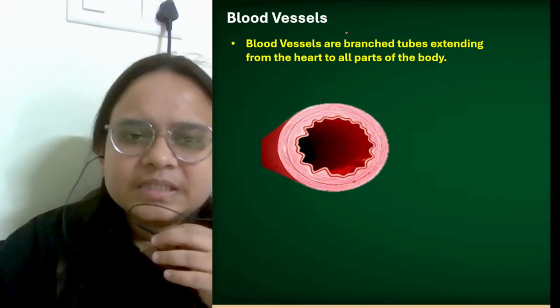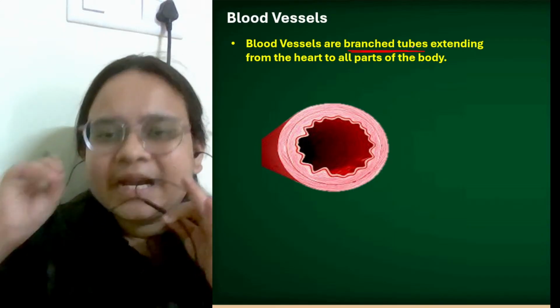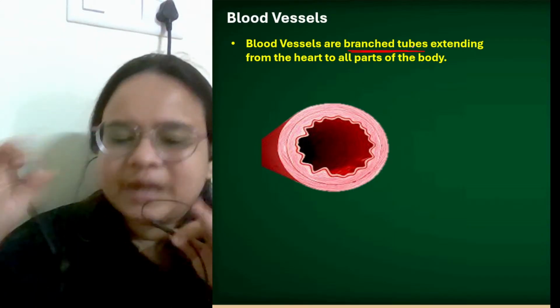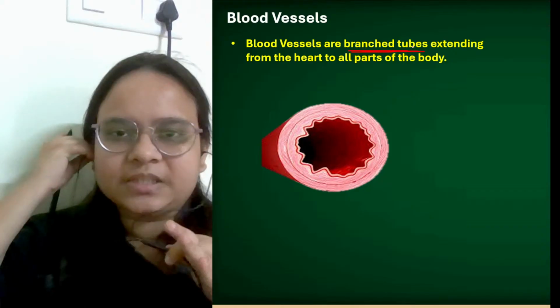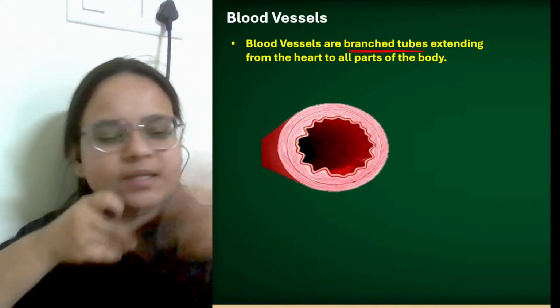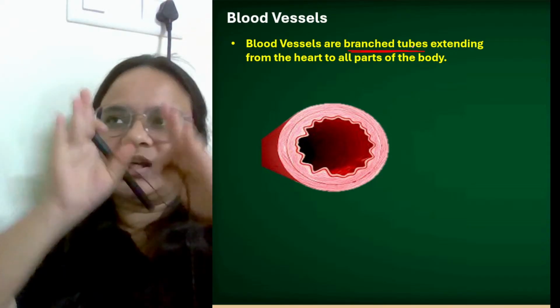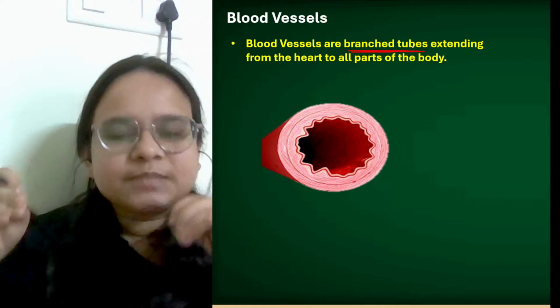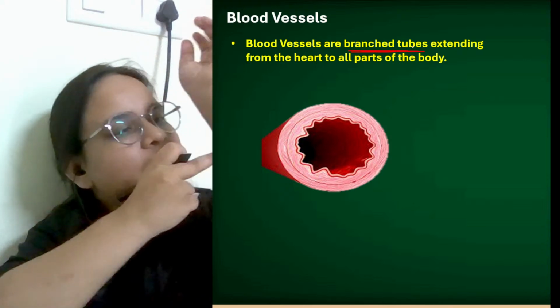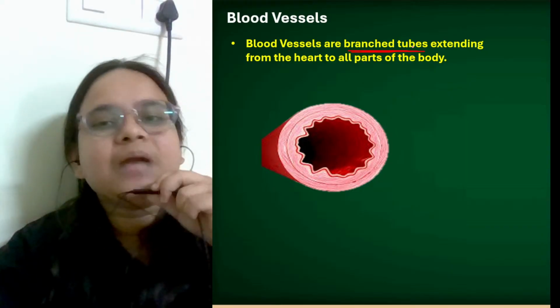So these are branched tubes. It will not have a single pathway, but it actually branches out. If you look at your wrist, you will see certain line like structures, lines that are in the form of branches. These branches emerging from a main midline are actually our blood vessels.